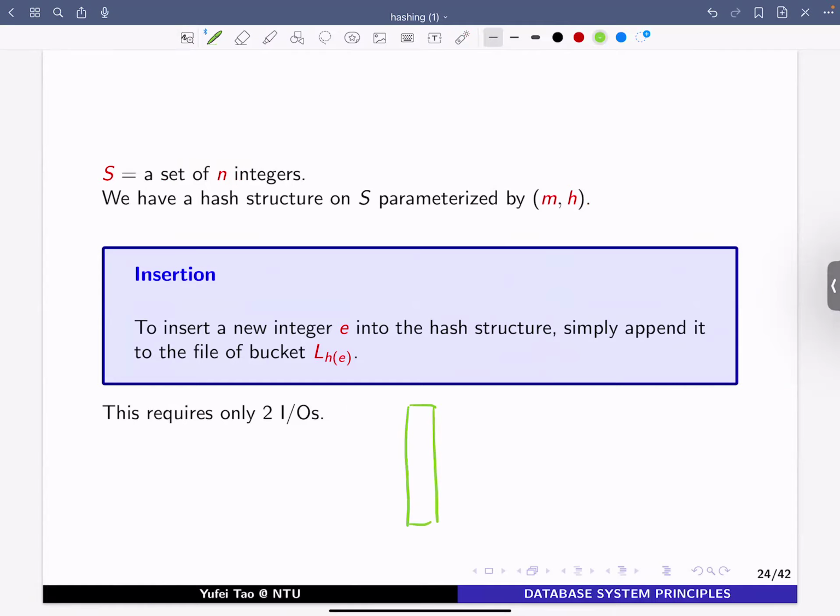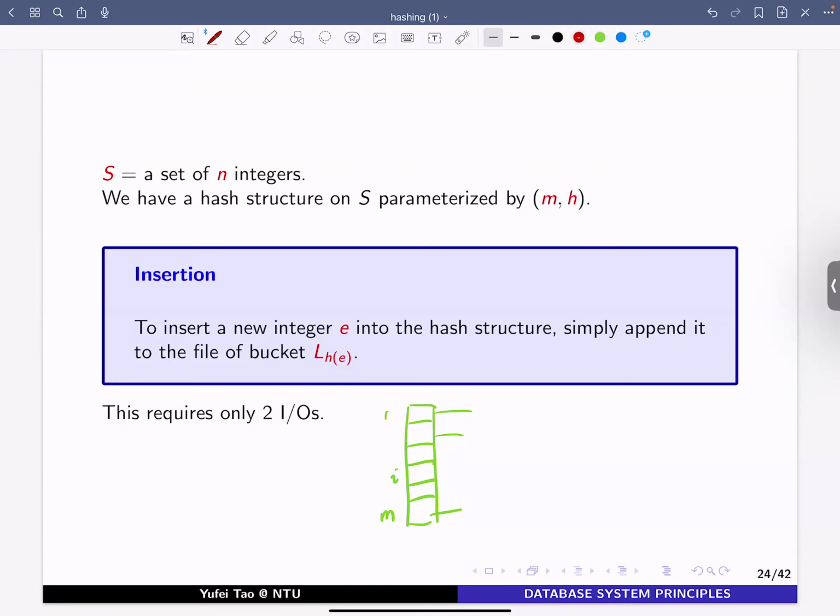Let's look at the hash structure here. You have m buckets, and now you want to insert a new element. Very naturally, you ask the question, which bucket should this element go into? So you calculate the hash value of this element, and that's the ID of the bucket that this element will go into. Let's just say that it has to go into this bucket here.